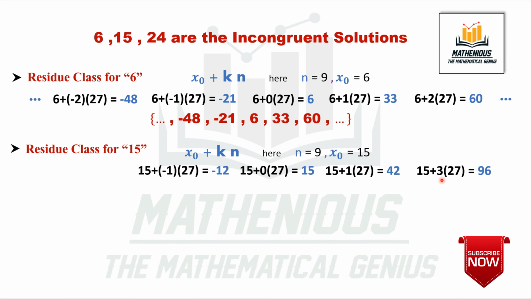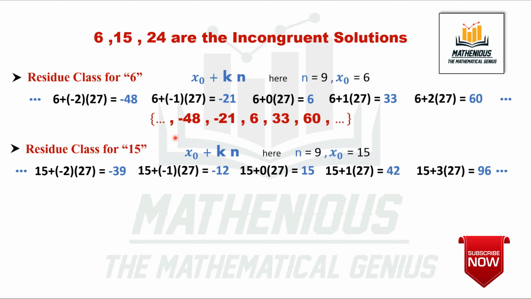I missed 2 here. If you want to put 2, 3, 4, whatever you want, just put it, and whichever answer you get can be the value of x, and it will successfully satisfy the given congruence. Put k equal to minus 2, we have minus 39, and so on on both sides.